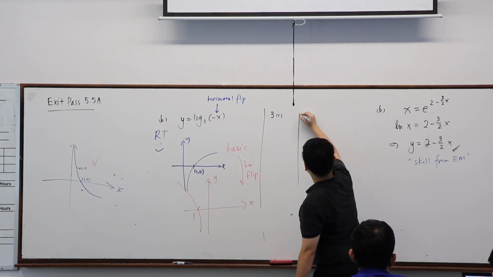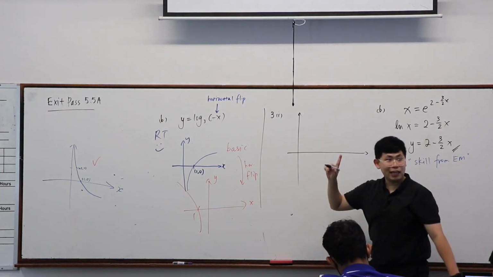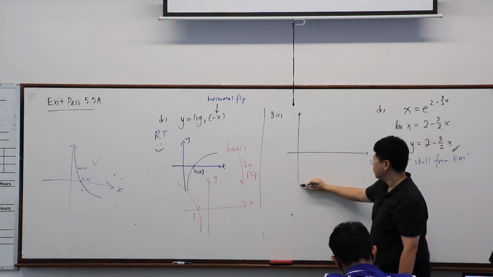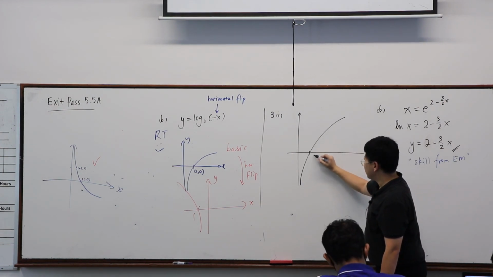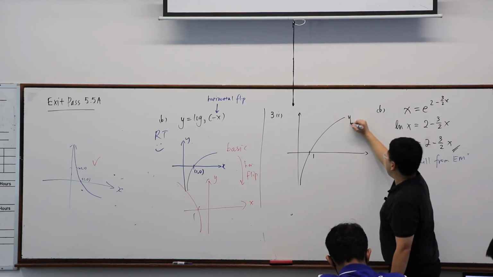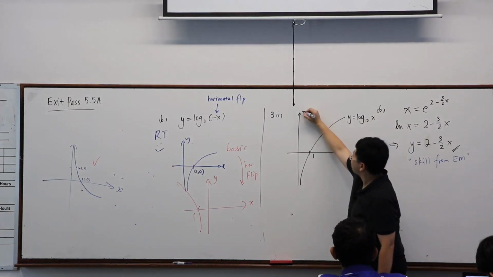So I have something like this. My advice is to start from the bottom so that you don't intersect, so this is 1 over here. So this is y equals log base 15 of x.